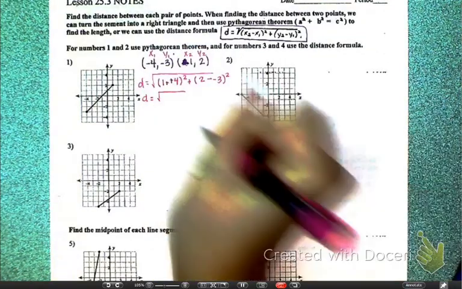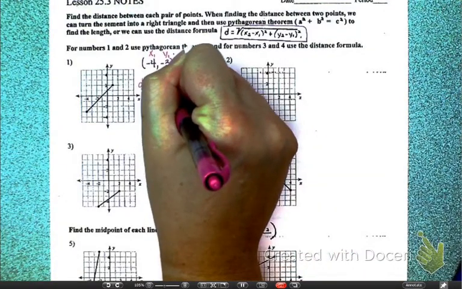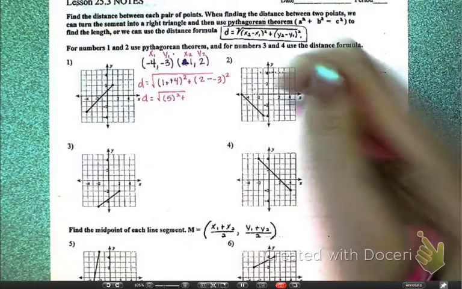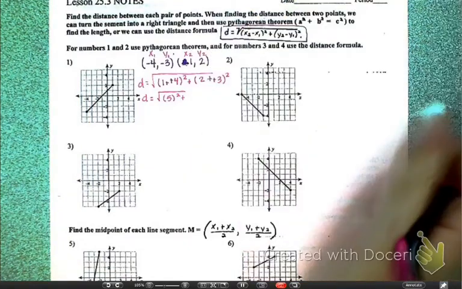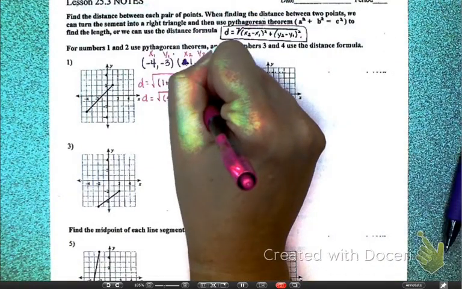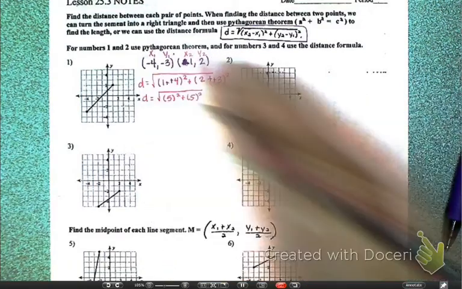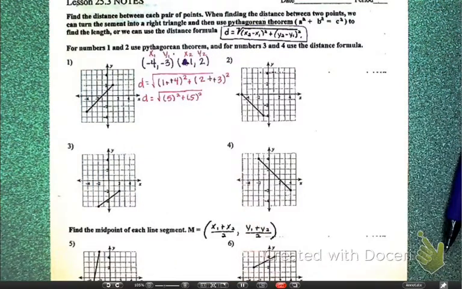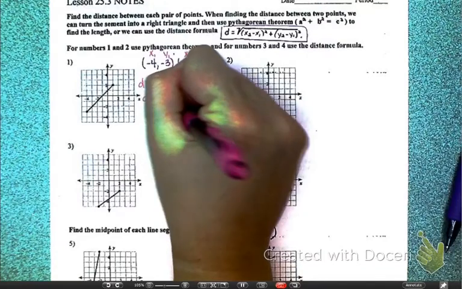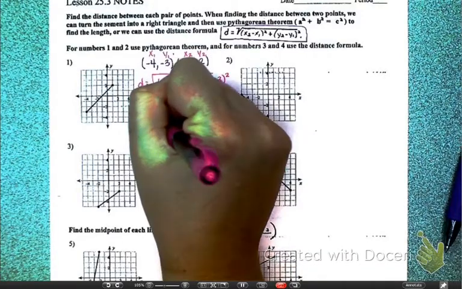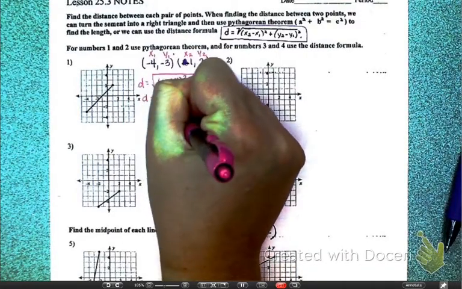So 1 plus 4 is 5, which means I have 5 squared plus, these become positive, 5 squared again. And what's 5 squared? 25. So 25 and 25 is the square root of 50.